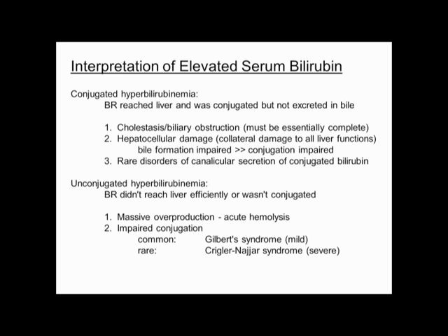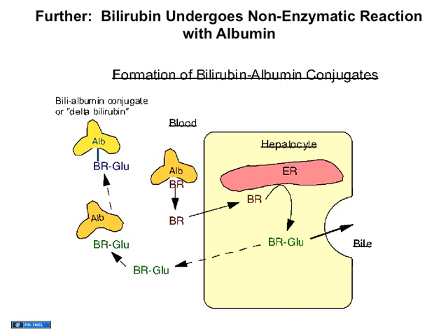Unconjugated bilirubin means you have a massive overproduction, or you have some defects in the conjugation step. And I told you that in prolonged conjugated hyperbilirubinemia, the conjugated bilirubin with glucuronide can stick to albumin and circulate for weeks so that this bilirubin may clear very slowly after you resolve the problem.